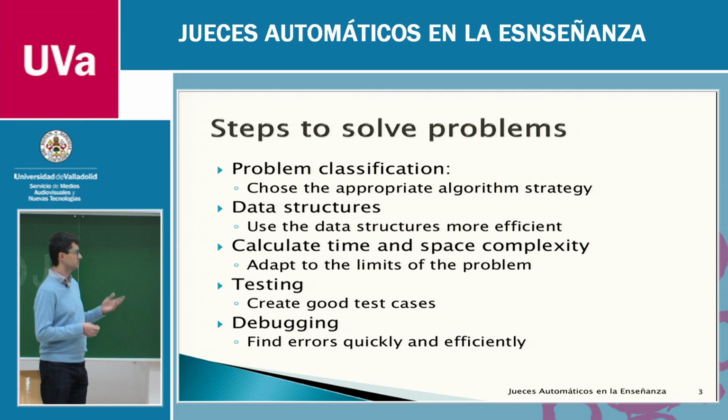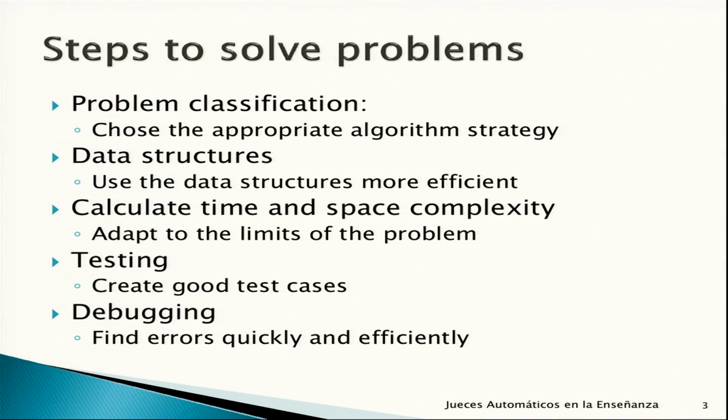Each problem has some limitations. The idea is that these limitations in the judge make the contestants develop an efficient program. So we should try to find a good solution that fits those limits.